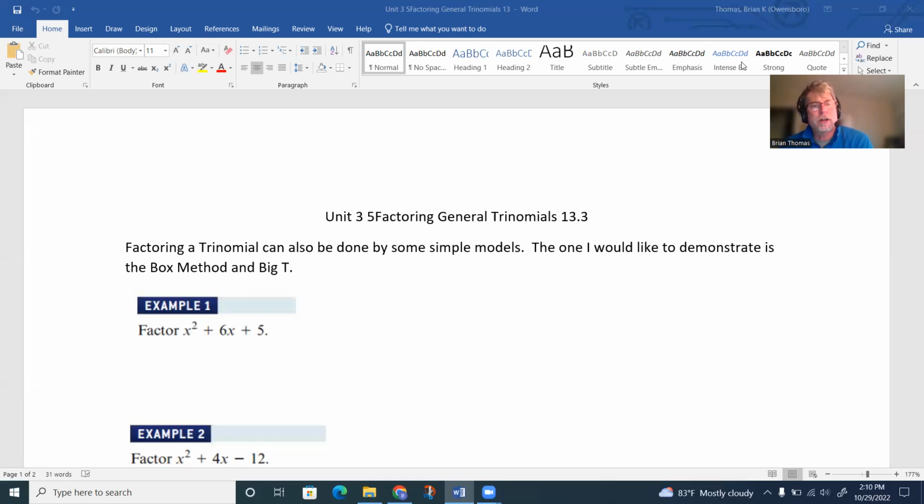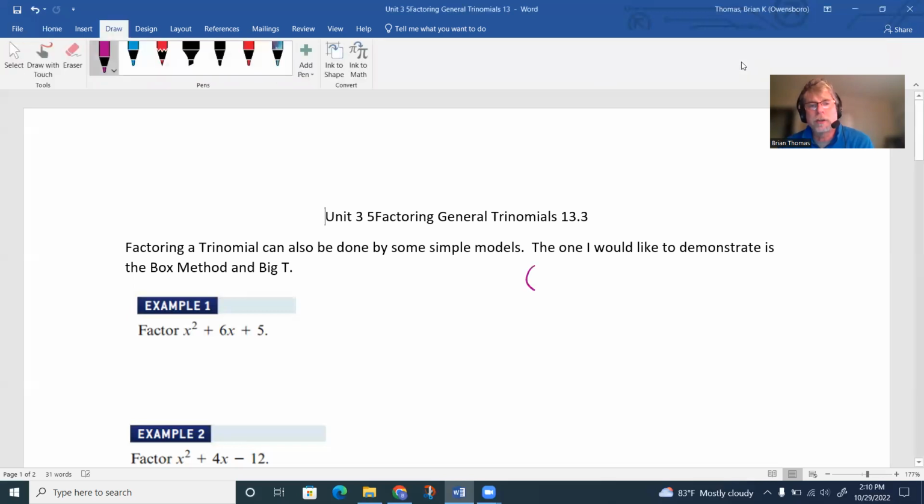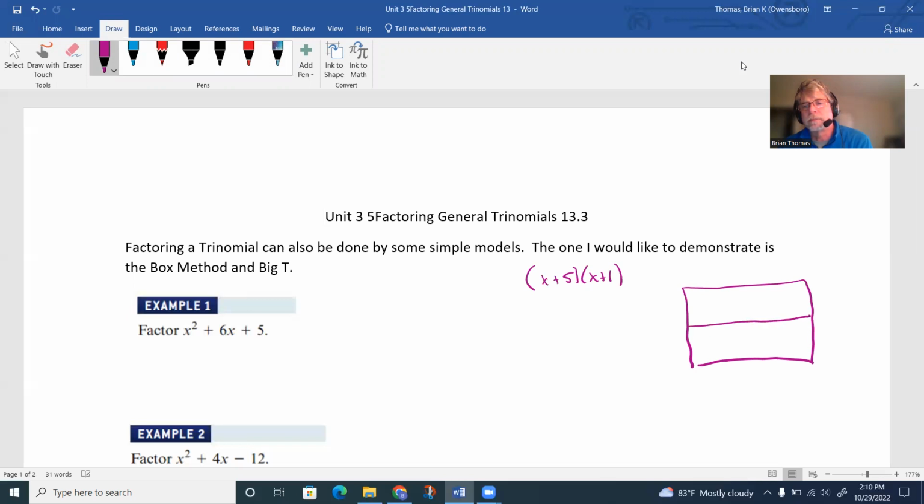So if I want to factor x squared plus 6x plus 5, remember, if I had something in factored form, say if I gave you x plus 5 times x plus 1, remember how we can also use the box method to expand it out into expanded form. So notice how the x and the 5 could go here, and the x and 1 could go here. And then we multiply.